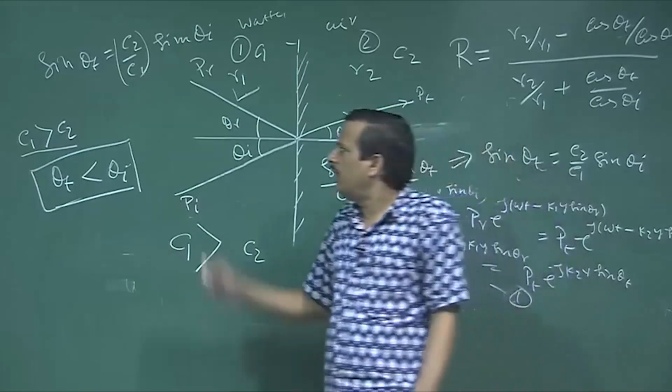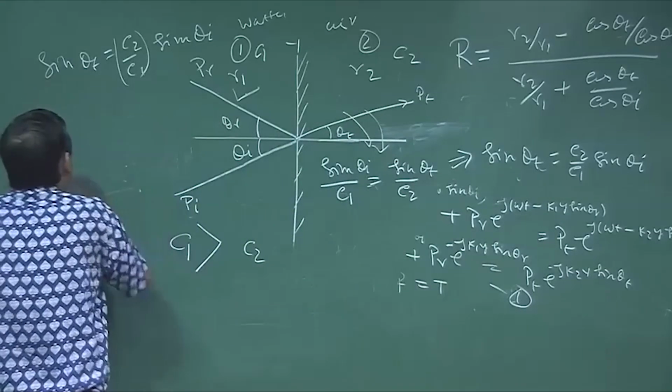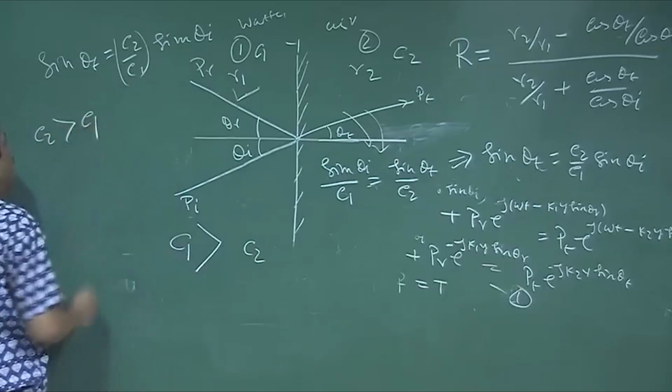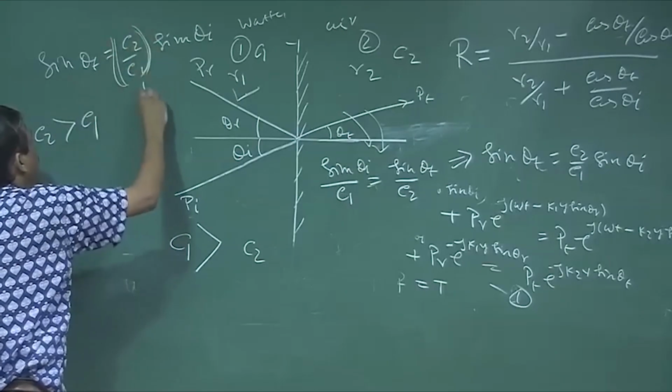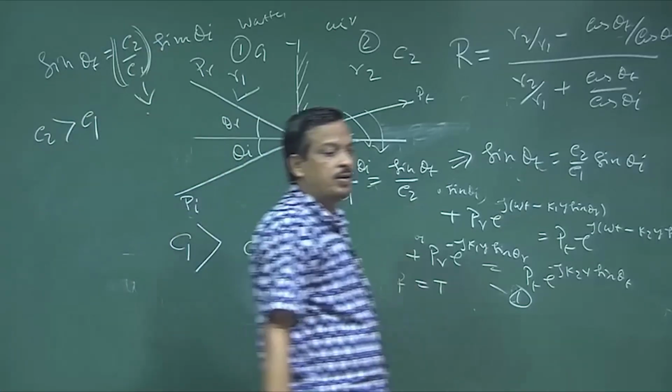Okay. Now, other case, if C2 is greater than C1, this ratio will always be greater than 1. Okay.